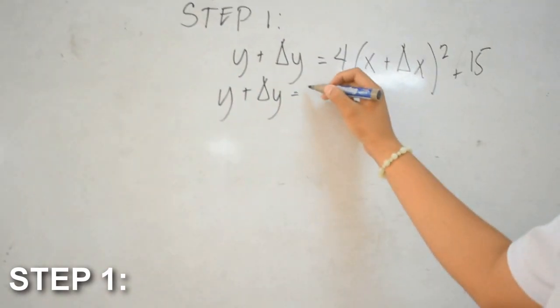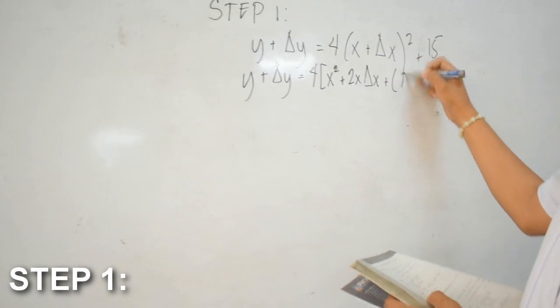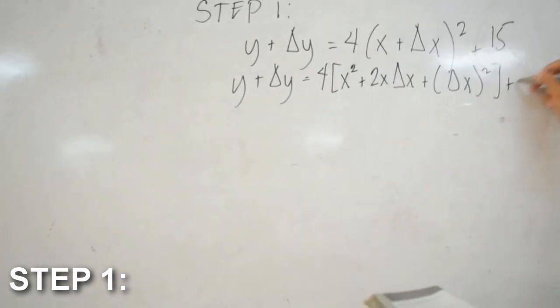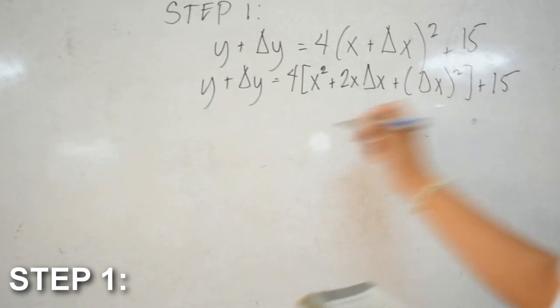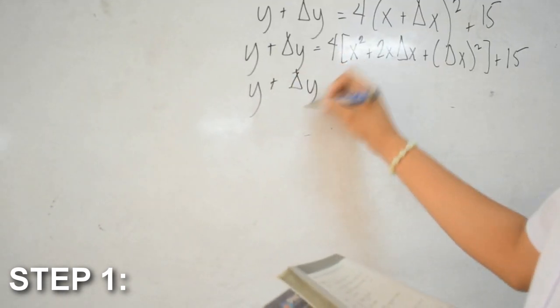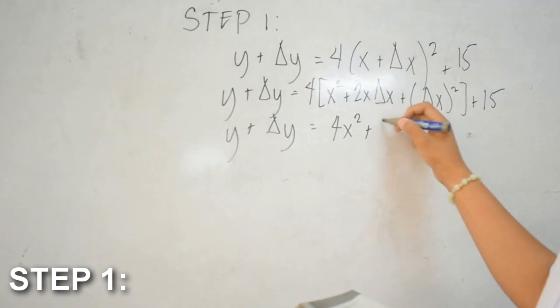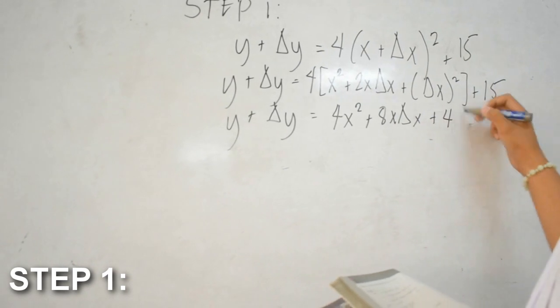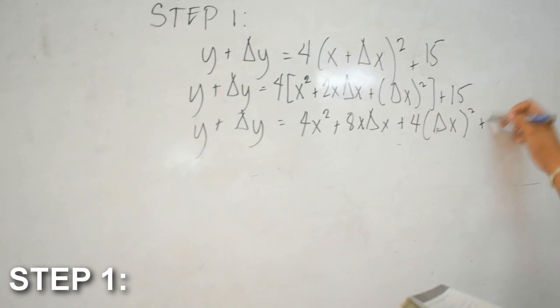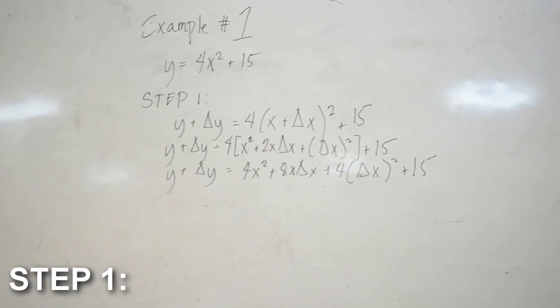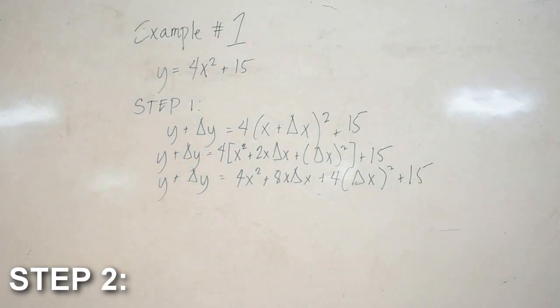Y plus delta y equals 4 times x squared plus 2x delta x plus delta x squared plus 15. Then we have y plus delta y equals 4x squared plus 8x delta x plus 4 delta x squared plus 15. We have simplified and we have done the step 1.